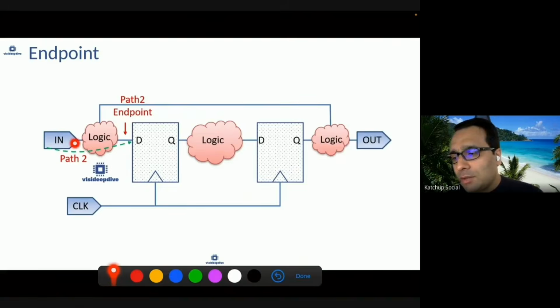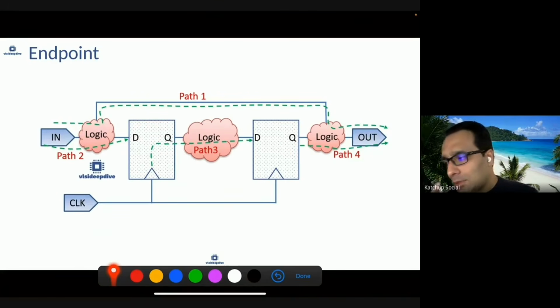So here is this path from input port to this sequential. Here the endpoint is D pin of this flop, as endpoints are either data pins of the flop sequentials or output port. So for this path, the endpoint is this D pin. For this path from input port to this output port, endpoint is this output port.